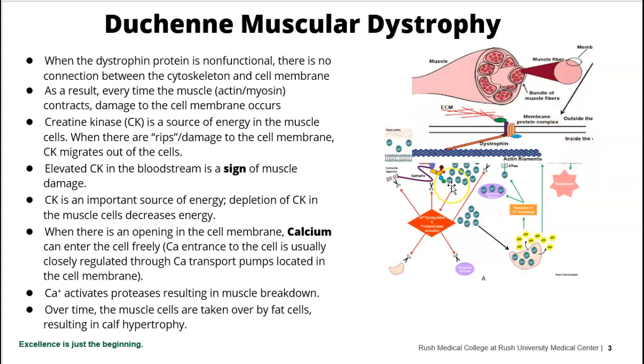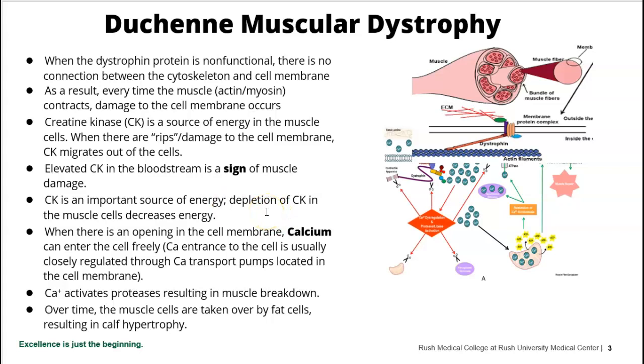Creatine kinase, or CK, is produced and it is a source of energy, and this can migrate out of the cell and be elevated in the bloodstream when there's damage to the cell membrane. So an elevated CK really is a sign of muscle damage.